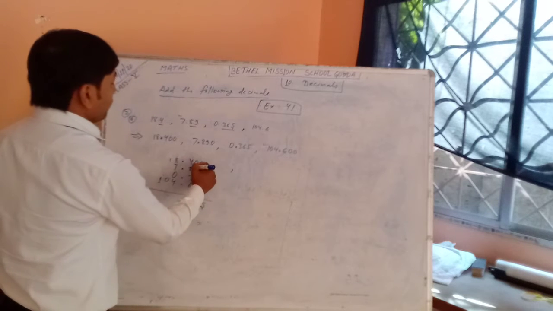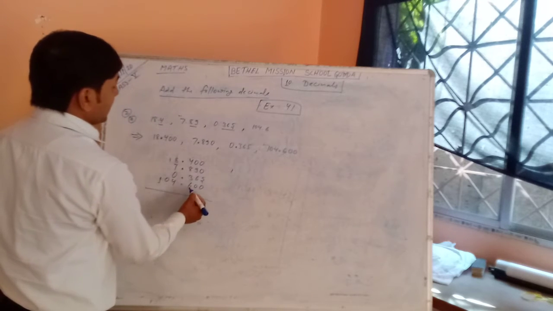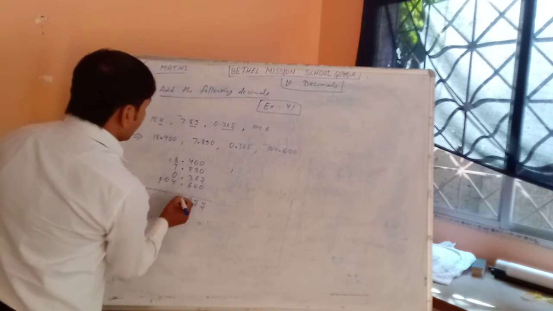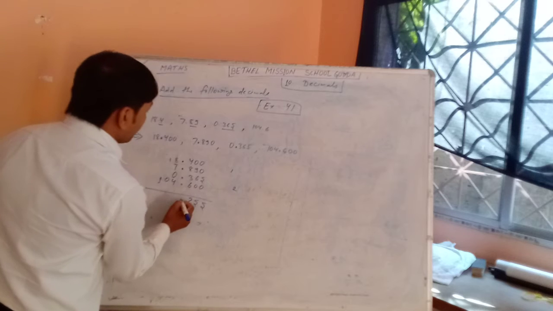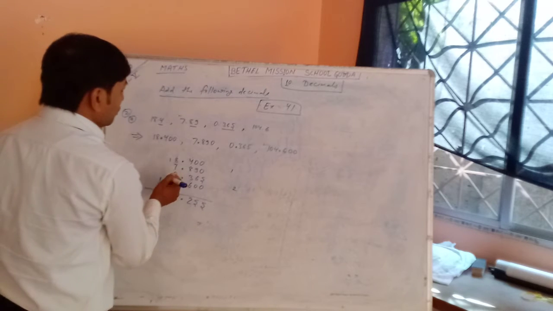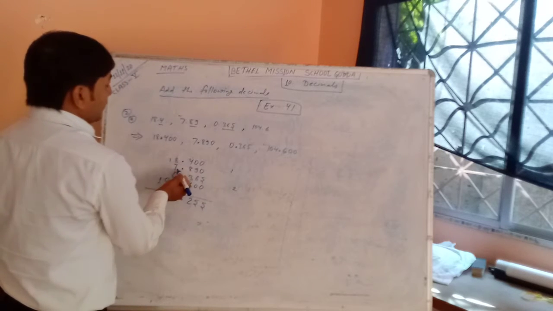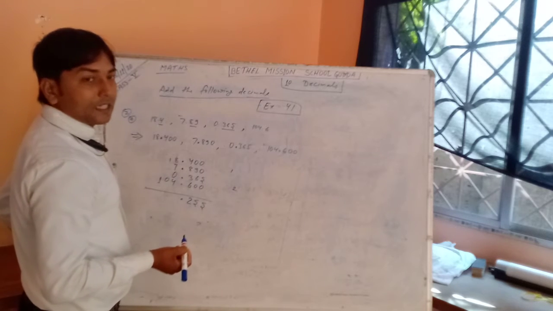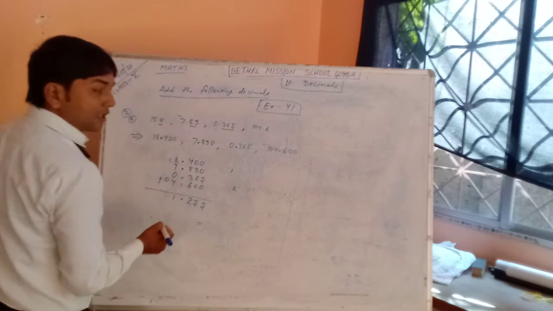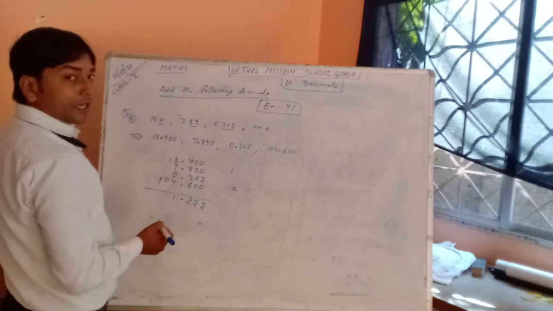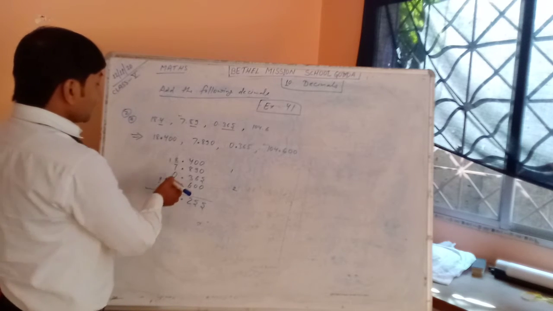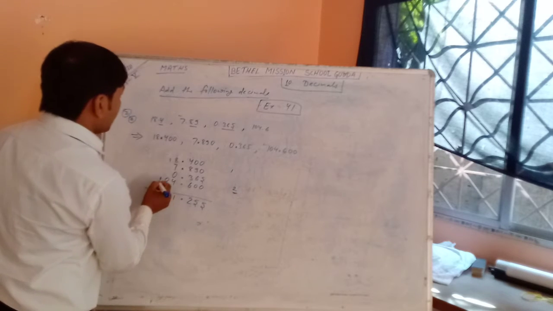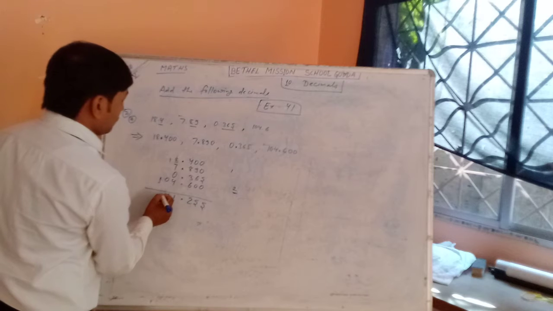Then 4, 8, 12, and 3 is 15, and 6 is 21, and 1 is 22. Then 2 plus 8 is 10, plus 7 is 17, plus 4 is 21. Now we have 2 also, 2 plus 1 is 3, and that is 1.